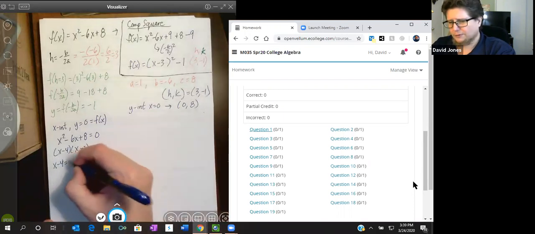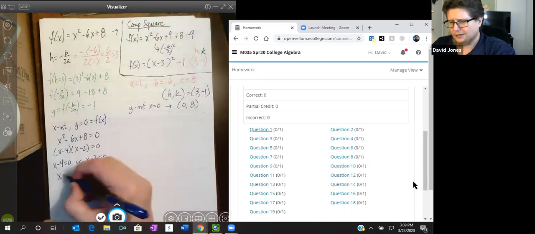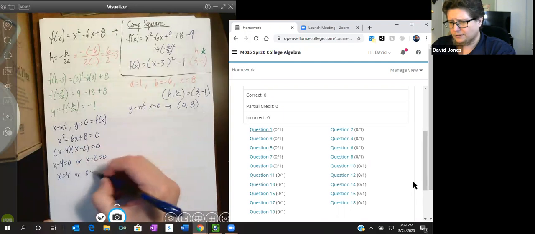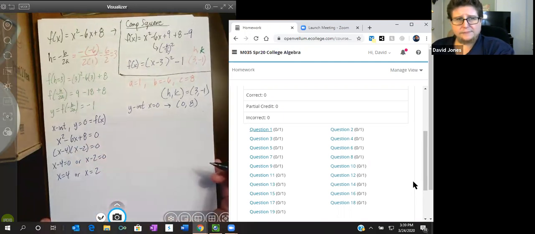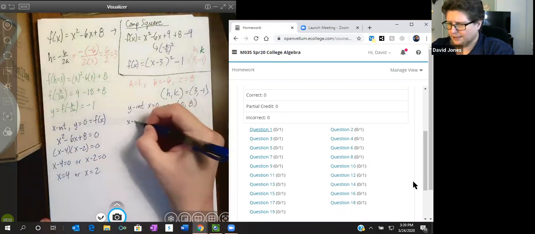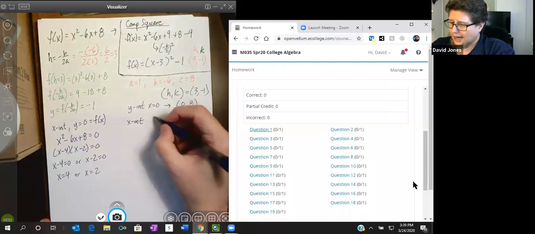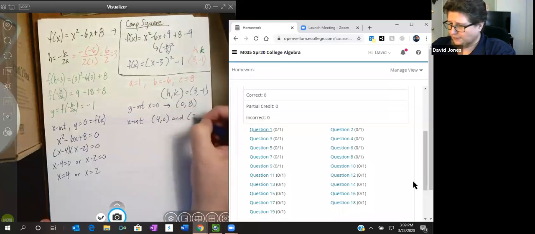X minus 4 equals 0 or x minus 2 equals 0. So x equals 4 or x equals 2. That gives me x-intercepts at (4, 0) and (2, 0).